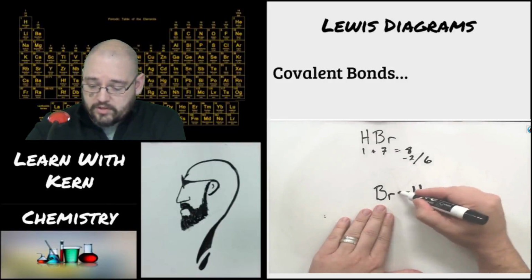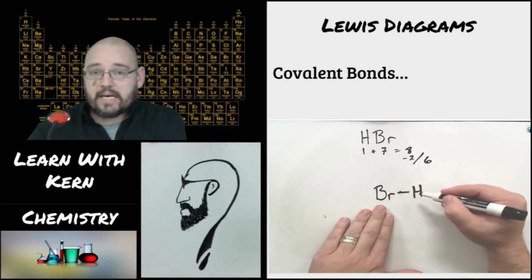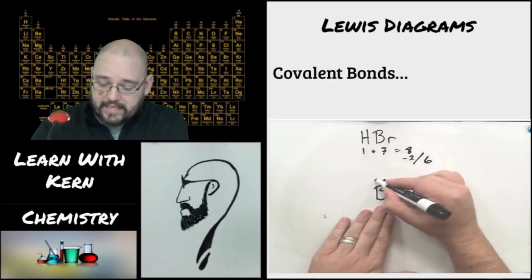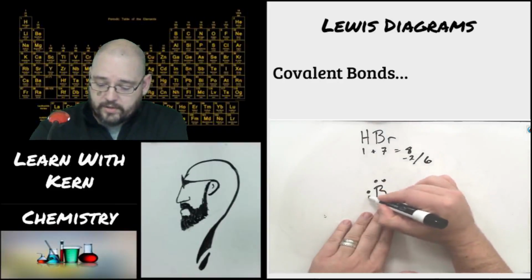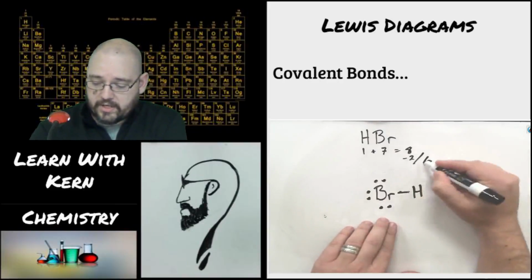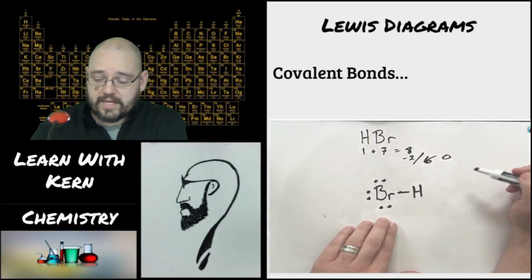So the 2 here are already filling the octet of hydrogen. Its octet only needs 2. So that means I have to put all of the extra electrons on the central atom, and I always put them on in pairs. So that means I put my 6 electrons on in pairs. I've used all 6 of them. I have 0 electrons left.